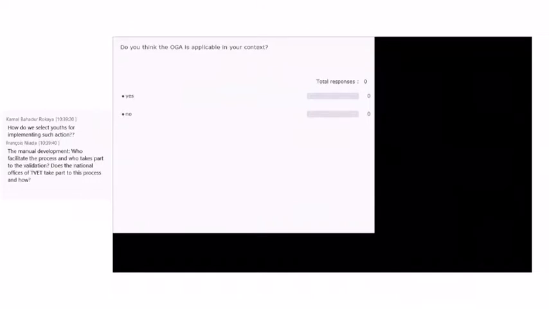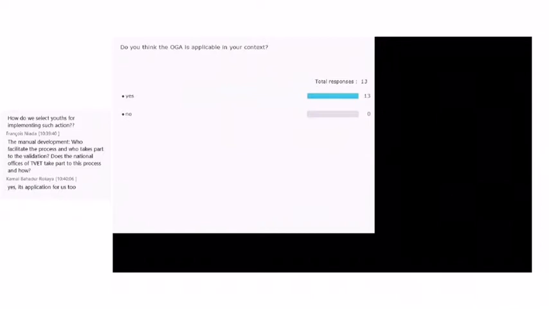So the question to all of you is, do you think the opportunity group approach is applicable in your context? It's a yes or no question, and you can also comment in the chat.